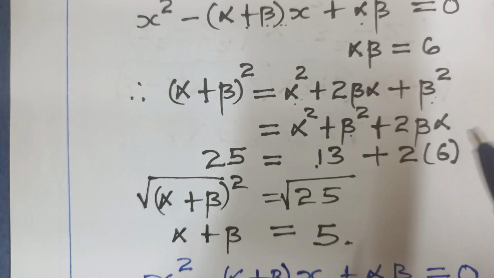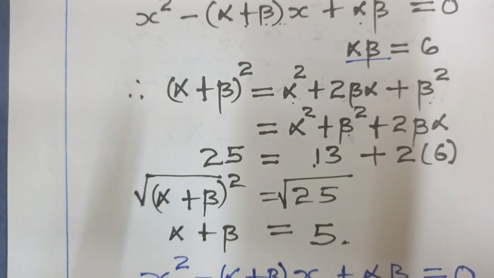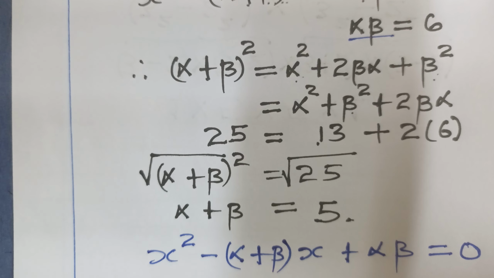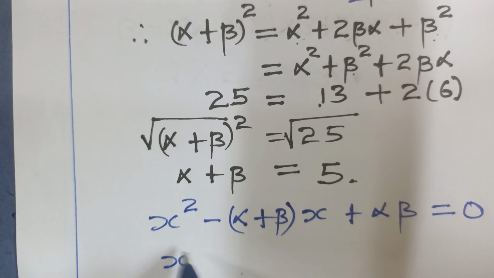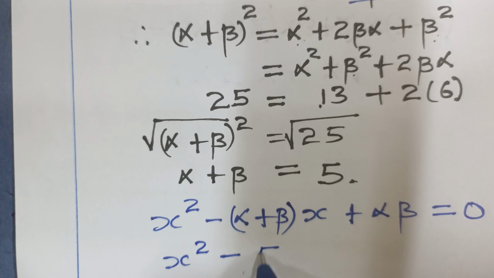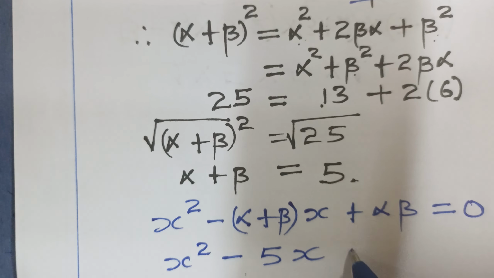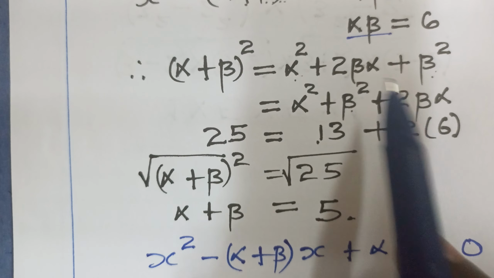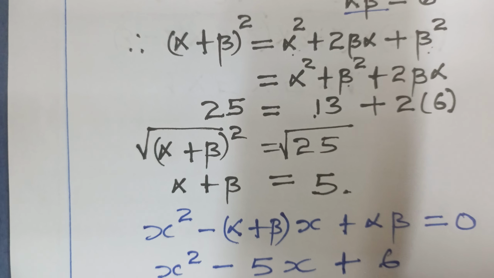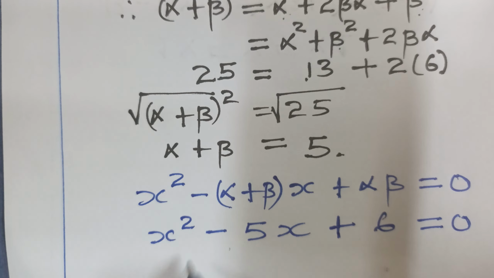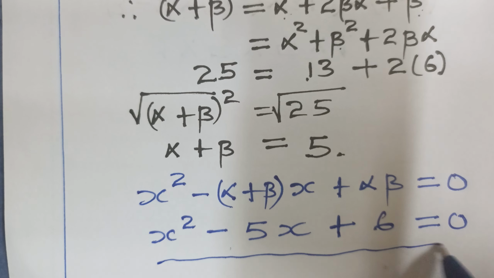Guys, we just replace alpha beta, which is 6, and alpha plus beta, which is 5. That comes to x squared minus 5x plus 6 equals 0. And so therefore, guys, this is our solution.